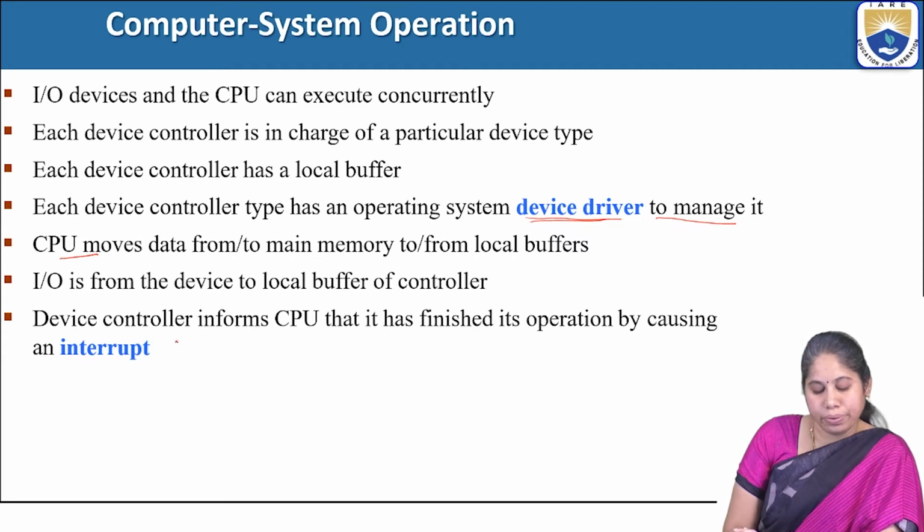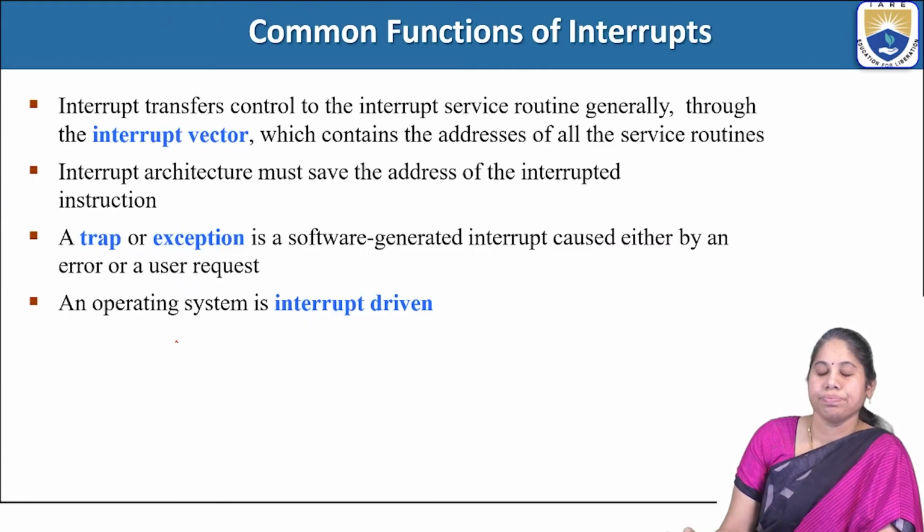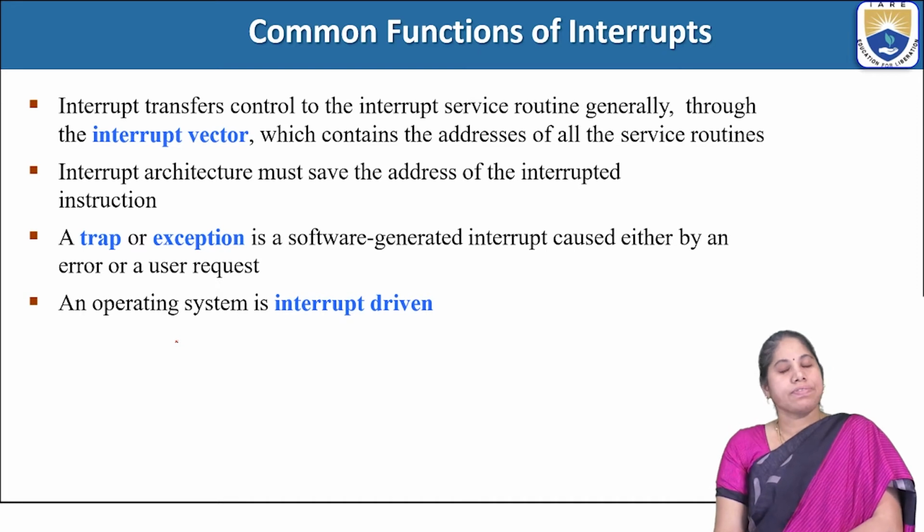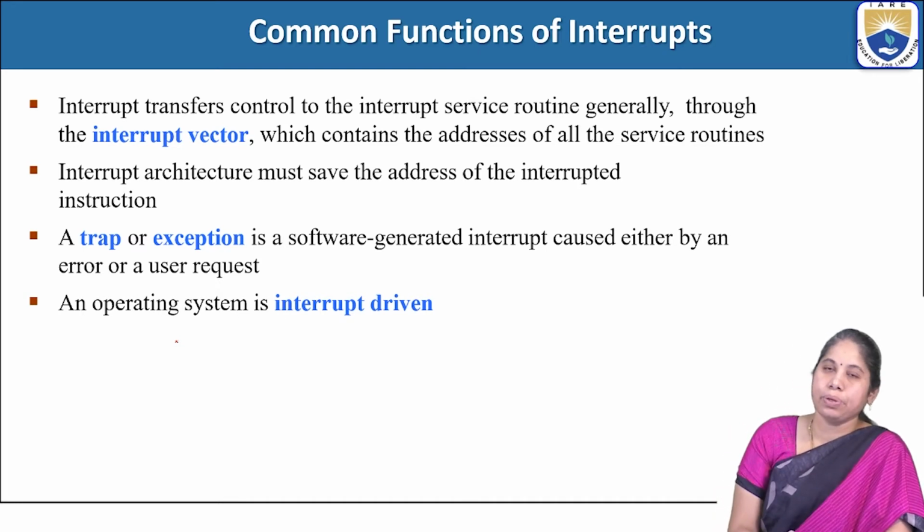So the CPU moves the data to or from main memory or from local buffers, right? These are the different operations. Once the operation is finished, the CPU triggers an interrupt: I have finished the task.